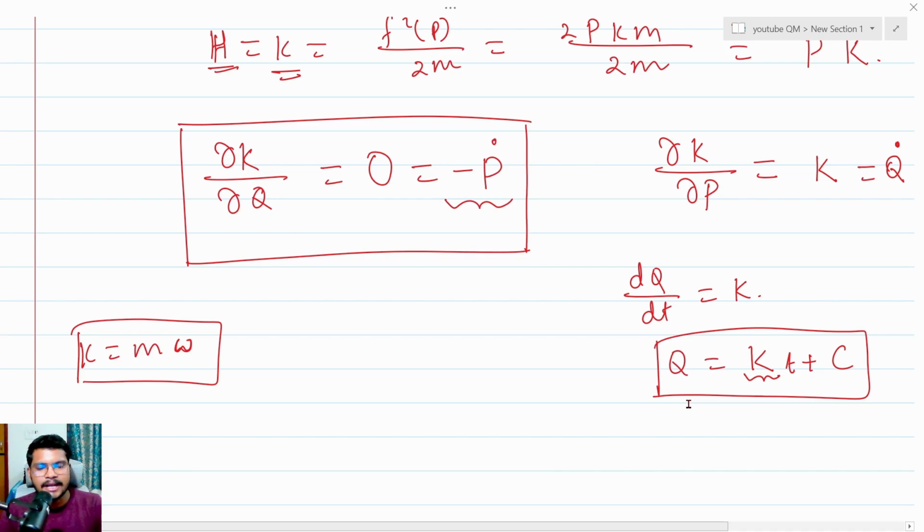Now, the generating function has a very deep structure when we study angular momentum in the quantum mechanical framework. Similarly, spin angular momentum has a very interesting framework. That's why the idea of generating functions is very important. And from here, we are again going to use these generating functions to solve equations in quantum mechanical systems.